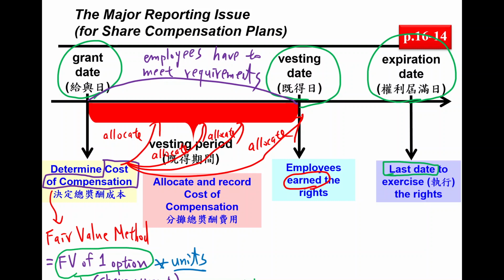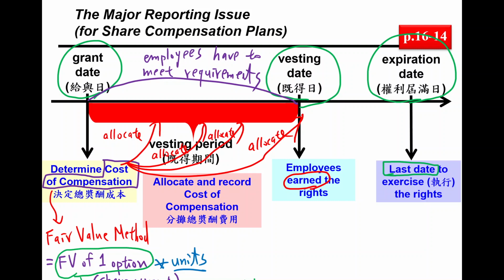Did you find out our accounting logic is quite simple? Who is the reason? Who has to take the responsibility? Then they have to recognize all the expenses. So the vesting period is the reason, the vesting period has to take the responsibility, and that's why we allocate the cost into this period.